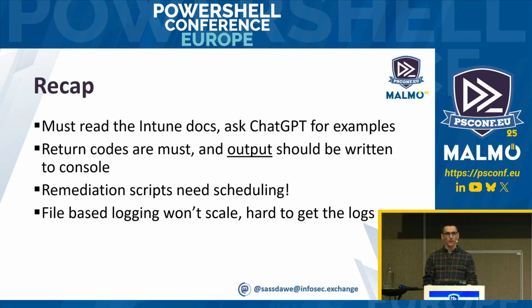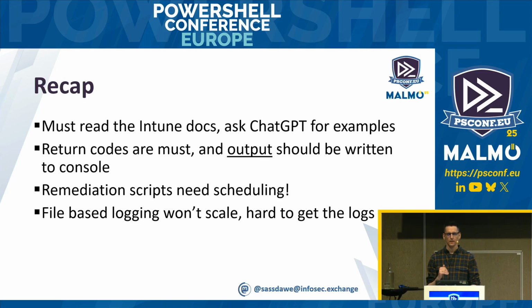Okay, so a quick recap. Read the Intune docs, ask ChatGPT, ask the experts, have return codes, print something to the output, and take attention on the scheduling of your scripts.